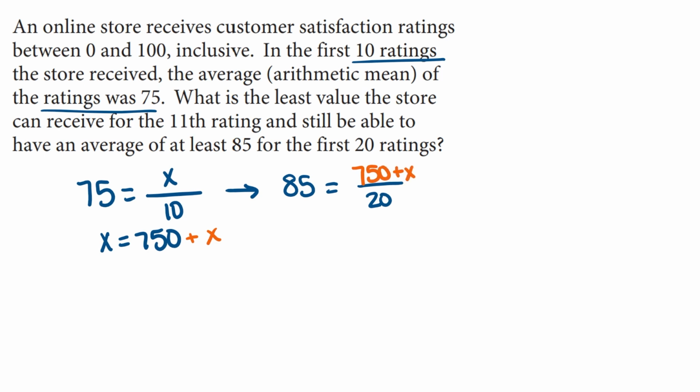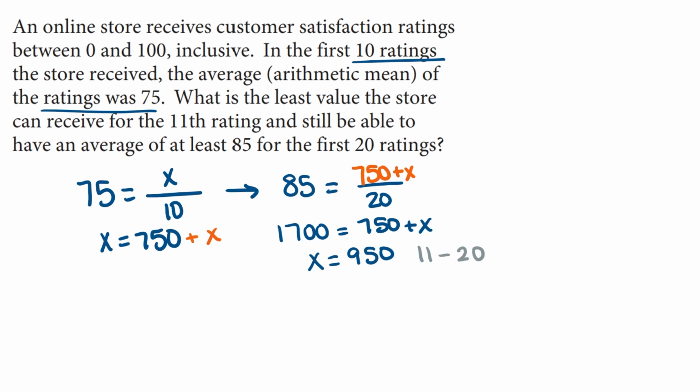Let's solve for our x to know what the sum of our next ratings is going to be. So we solve for x, we'll cross multiply. 20 times 85 is 1,700. Then if we subtract 750 from that, then our x, or the total of the rest of our ratings, has to equal 950. So our 950 is our 11th rating to our 20th rating.